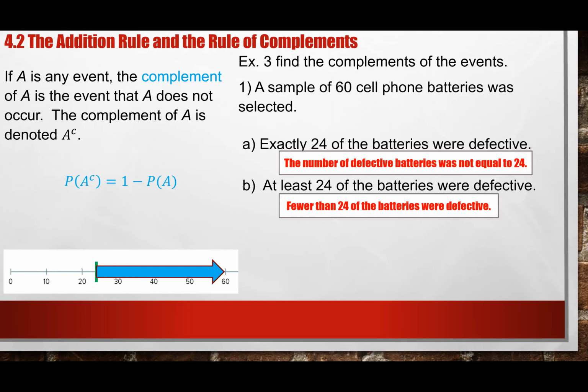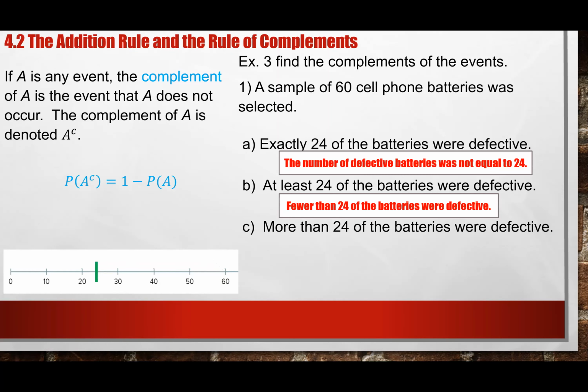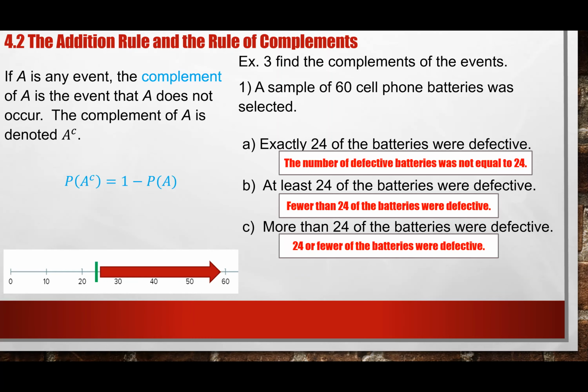And then same thing for C, it includes the number in it or fewer? No. For C, the event is more than 24, you don't include 24. So because it's more than, and you don't include 24, in your answer you include the 24. Does that make sense? Your original problem does not include the 24, so in your answer you have to include the 24.